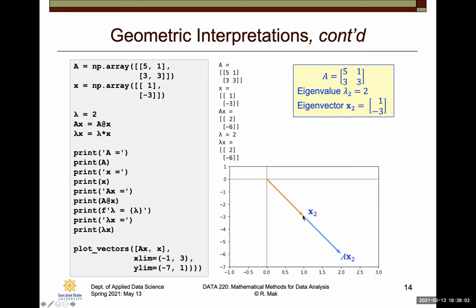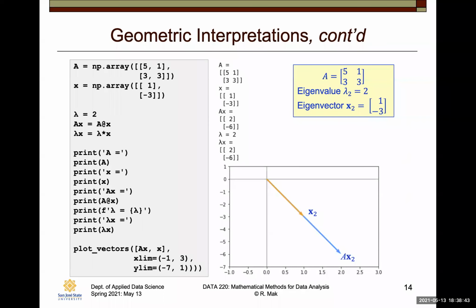Unfortunately, the scale along the x-axis and the scale on the y-axis are different, so this line didn't quite come out the way I would have wanted. But anyway, here's the eigenvector, and the eigenvalue is 2, so A times the eigenvector is twice as long as the eigenvector and going in the same direction.